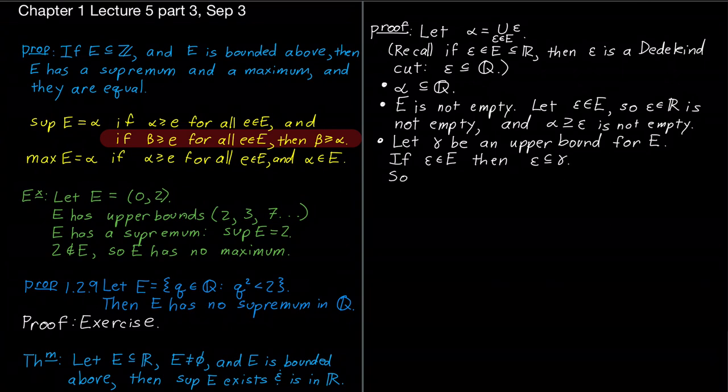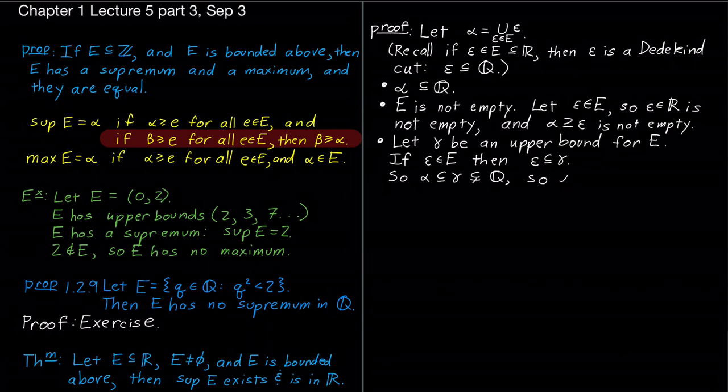So if you just union all of the epsilons up, that means alpha is also a subset of gamma. Gamma is an upper bound, is a real number, so gamma is a proper subset of Q, so that means alpha cannot equal Q either. So our alpha is a non-empty proper subset of the rationals. Cool.